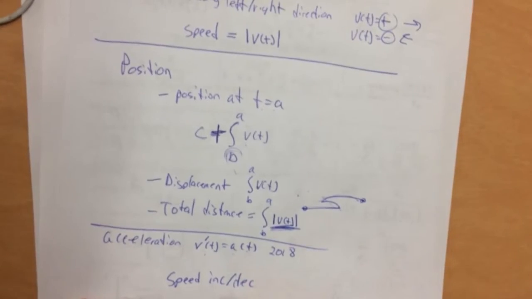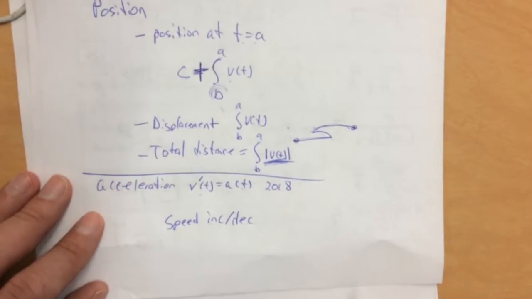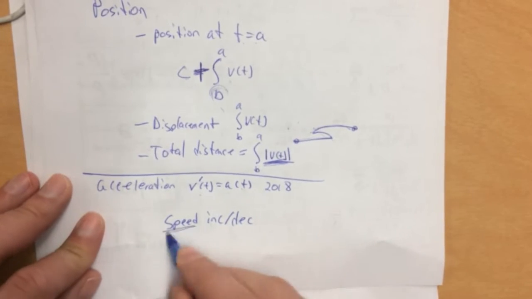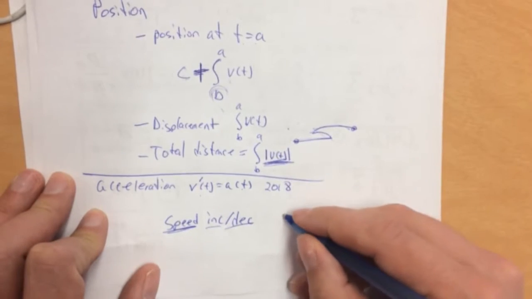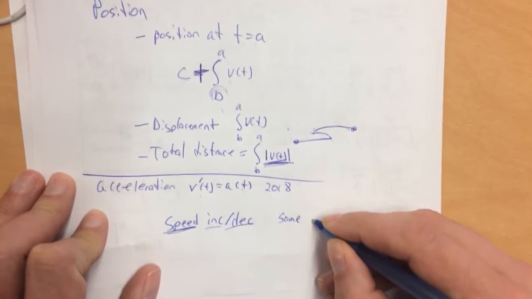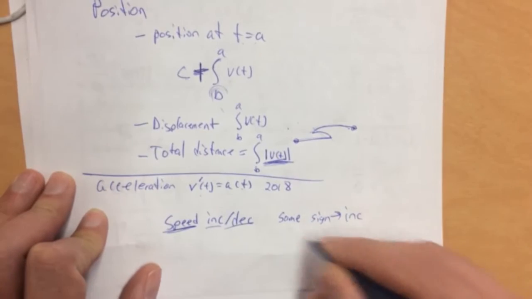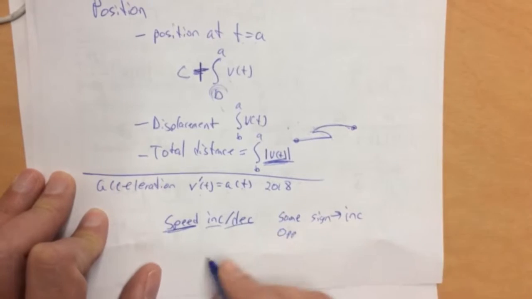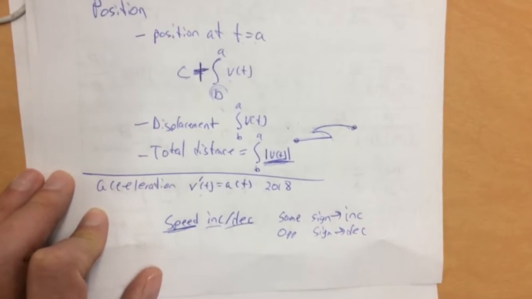And in order for the speed to be increasing, we don't actually care whether the acceleration is positive or negative. We care whether it's going in the same direction as the velocity. So for the speed increasing or decreasing, you need both the velocity and the acceleration. If they are the same sign, the speed will be increasing. If they are the opposite sign, the speed will be decreasing.